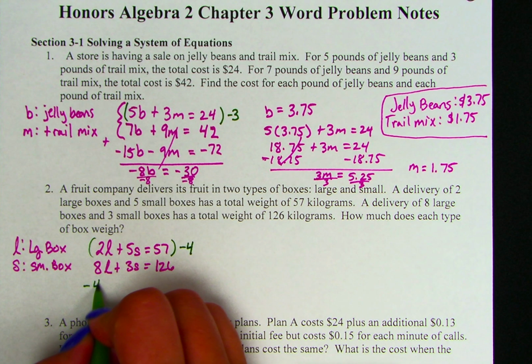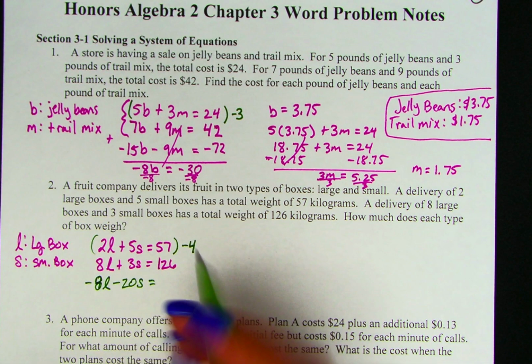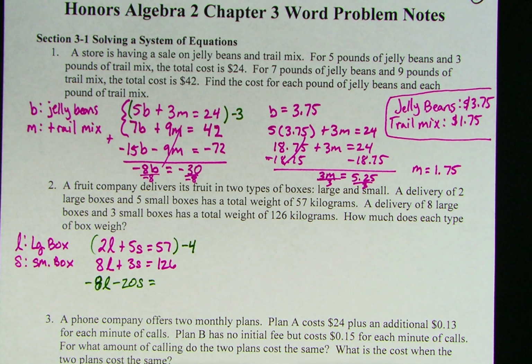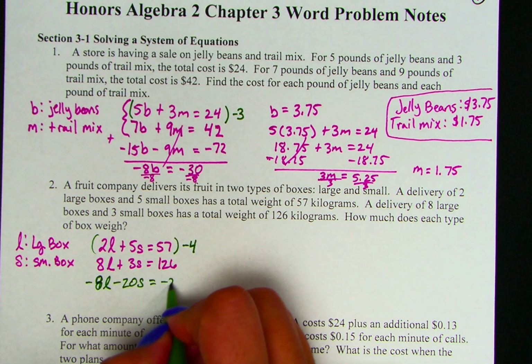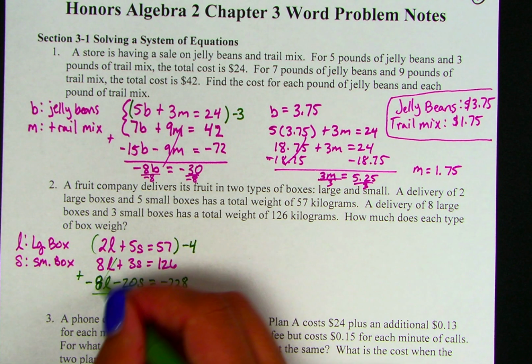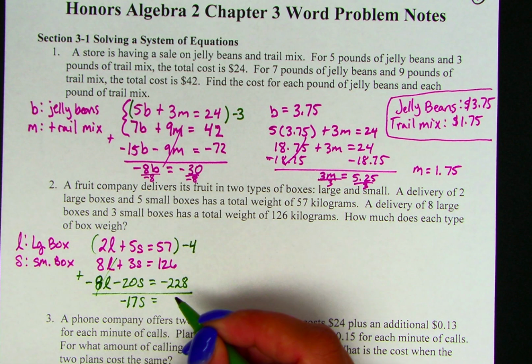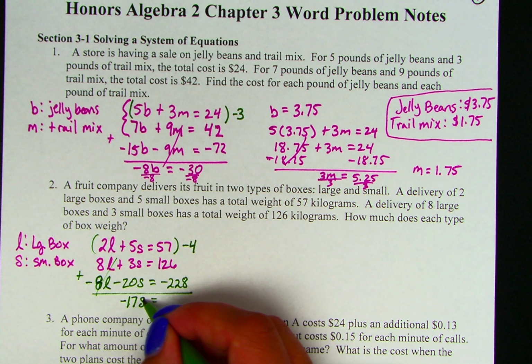Okay. So I'm going to choose to eliminate the L by multiplying everything by -4 in that top equation. So that will be -8L minus 20S equals -228. All right, so L cancels. That will give me -17S. So make sure you're paying attention to your variables.